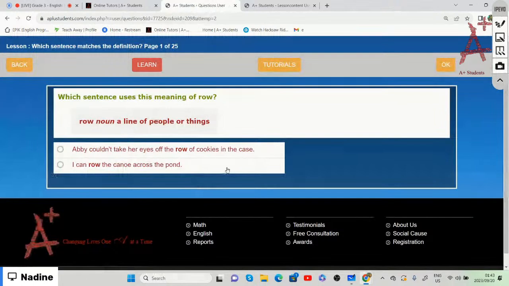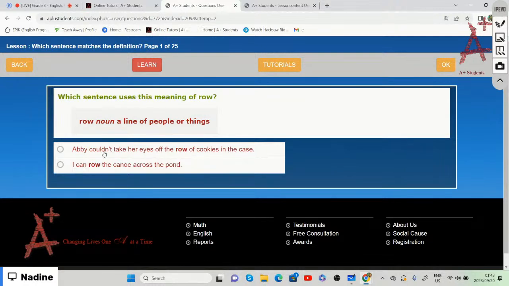Which sentence uses the meaning of row? Row, a line of people or things. Abby couldn't take her eyes off the row of cookies in the case. So, the meaning of row, line of people or things.